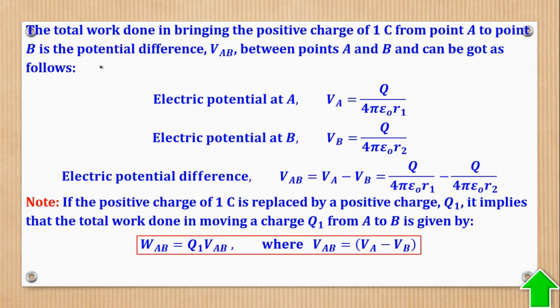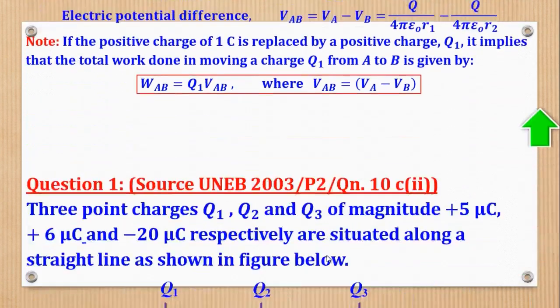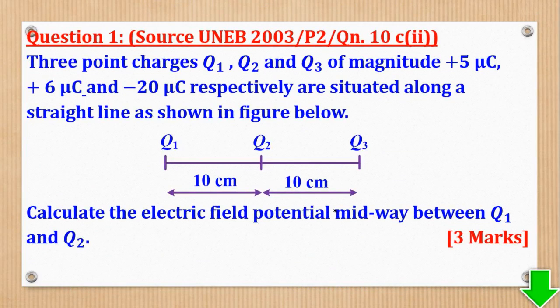We just call it work done, and it is the charge being moved times potential difference. We already seen that this one is equal to this minus that. So basically those are the three questions asked: electric potential difference, electric potential energy, and work done in moving from point to point.